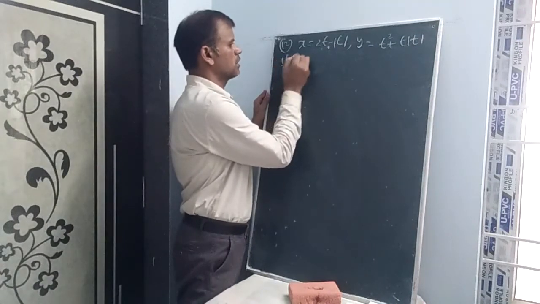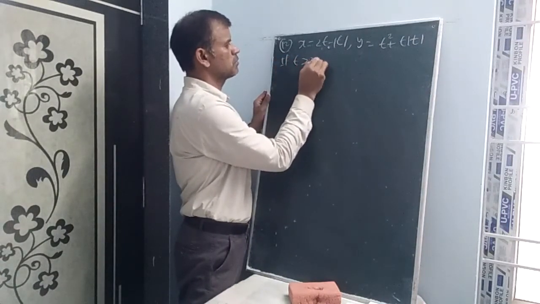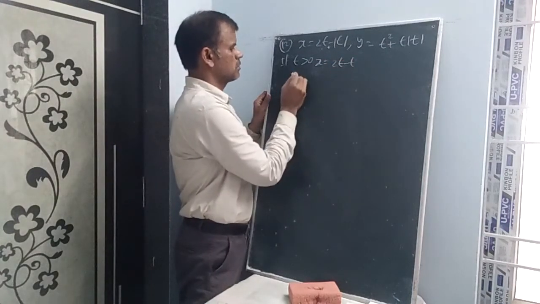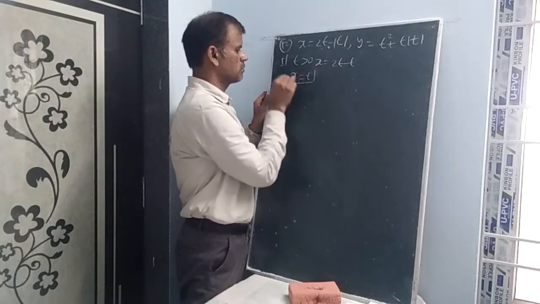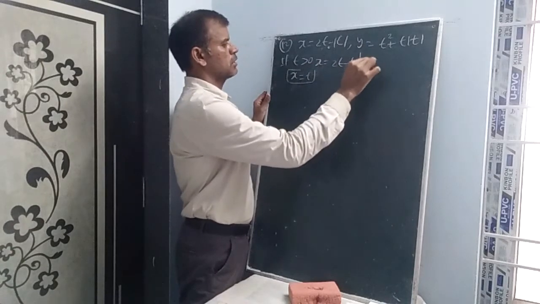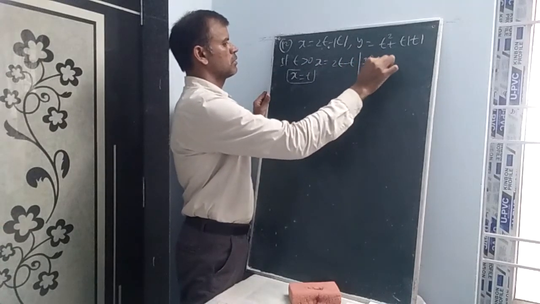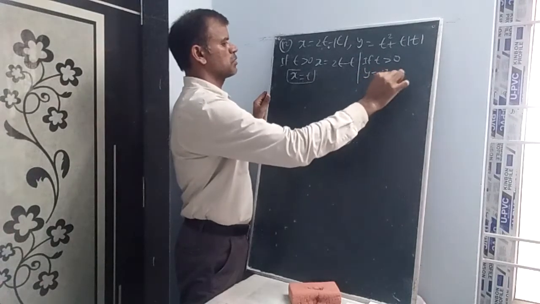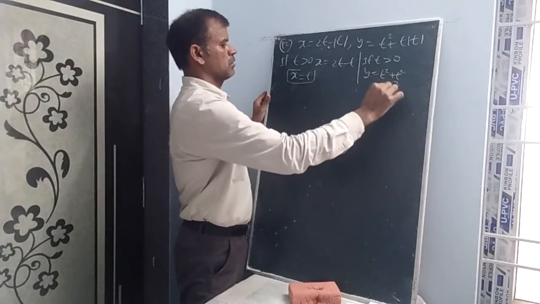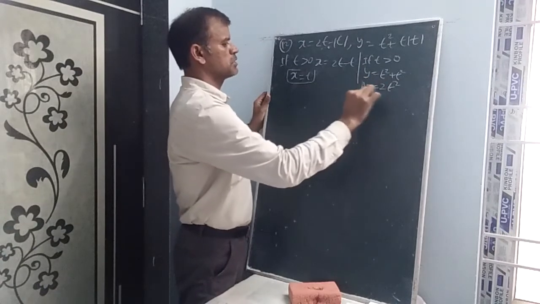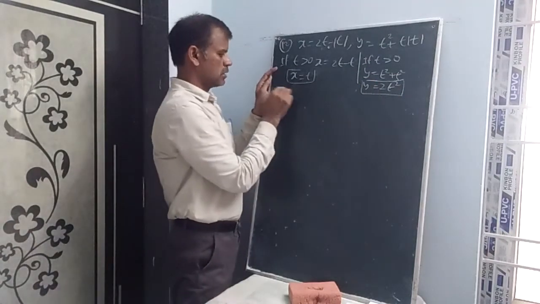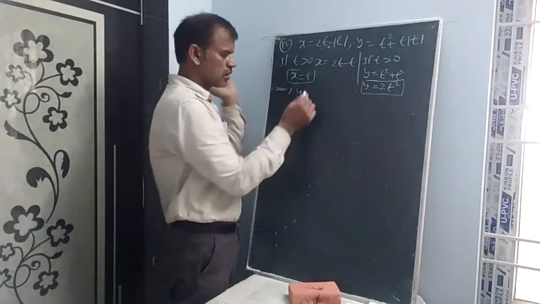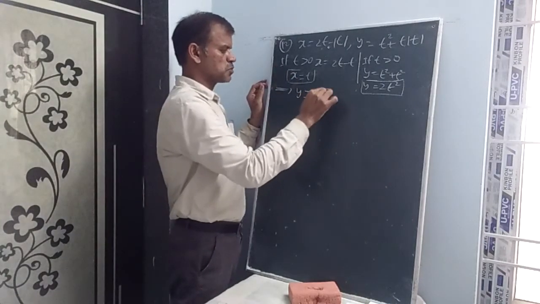Right here, if t greater than 0, x is equal to 2t minus t, so x is equal to t. Here if t greater than 0, y is equal to t square plus t square, so y is equal to 2t square. That implies, here x equal to t, substituting, y equal to 2x square.